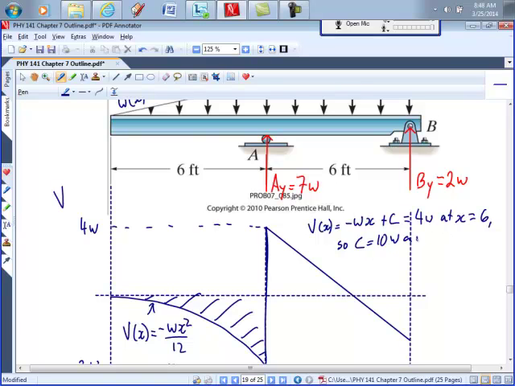So C equals 10W and V of X equals 10W minus WX. Or we could also write 10 minus X times W.